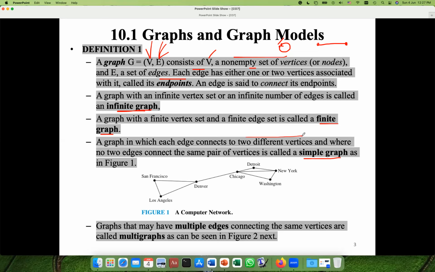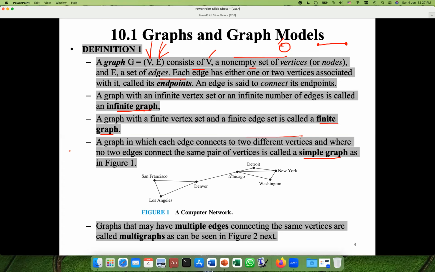So you can imagine a graph and its vertices. If each edge of that graph is always connecting two different vertices, this may be a simple graph. Let's see.